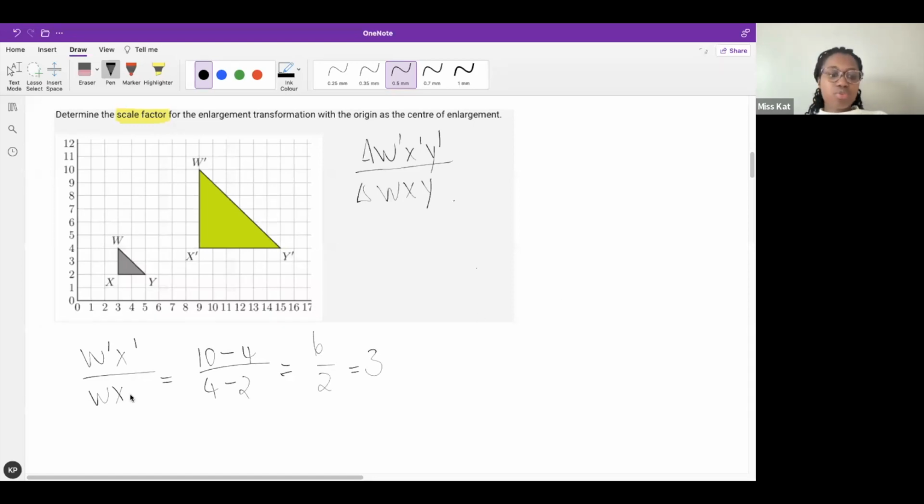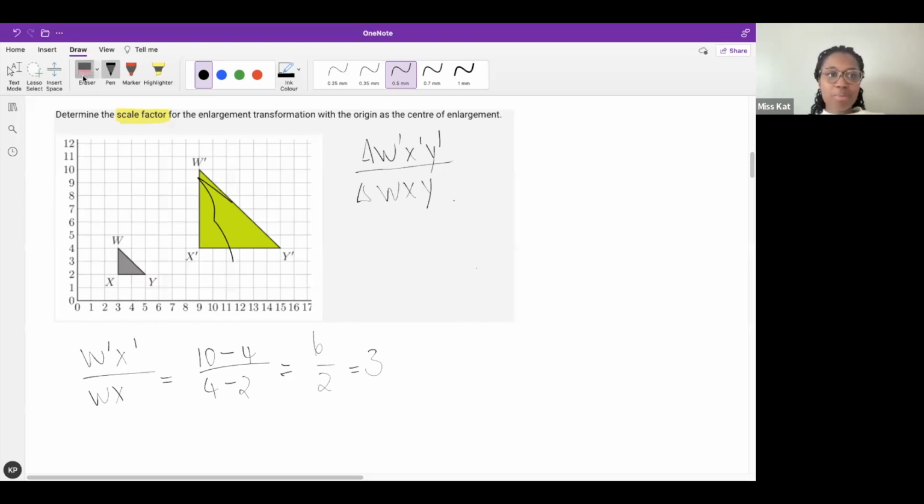But you have to go through this with all the sides, guys. Why do you have to go through it with all the sides? Does anybody know why? Just to make sure. Thank you, Setabile. Because it's possible that these two sides are 3 units, and then suddenly your hypotenuse is like 7 units or something.